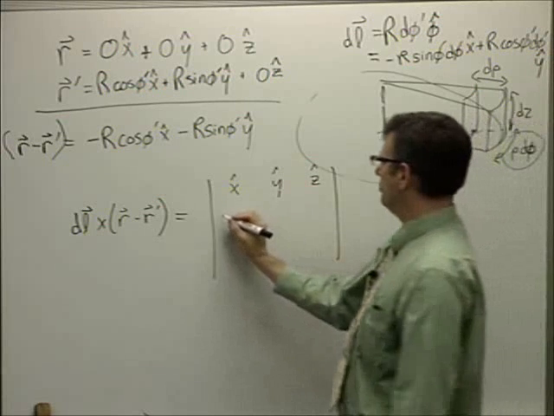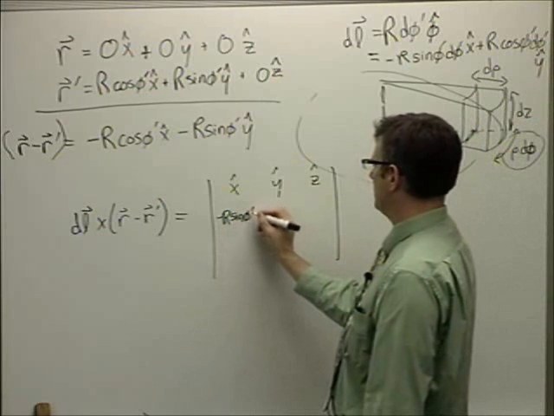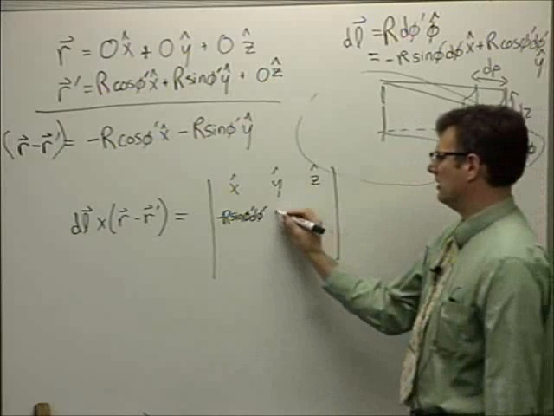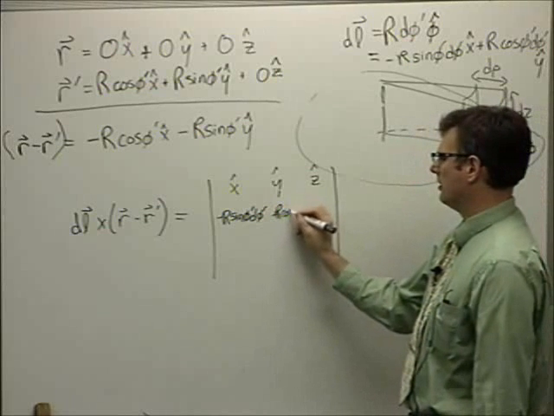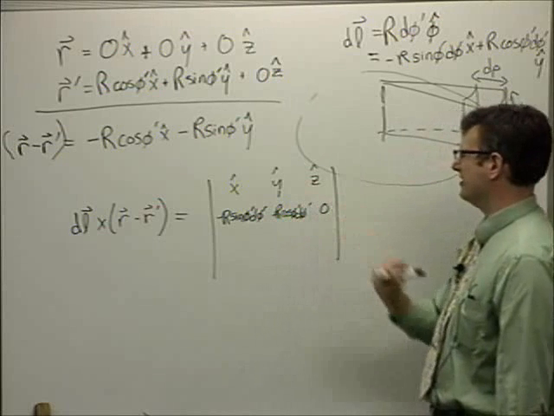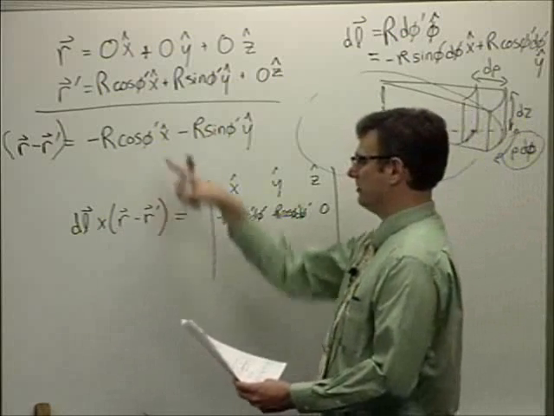So let me put those down: minus r sine phi prime d phi prime plus r cosine phi prime d phi prime. Nothing on the z.